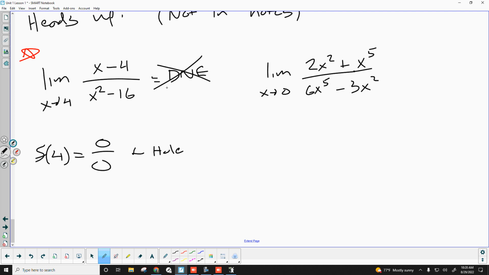The answer is not undefined. Holes have limits. This is the situation where I can plug in 3.99999, and when I plug in 3.9999, I won't get 0 in the denominator. Instead, what I will get is 1 over 8.